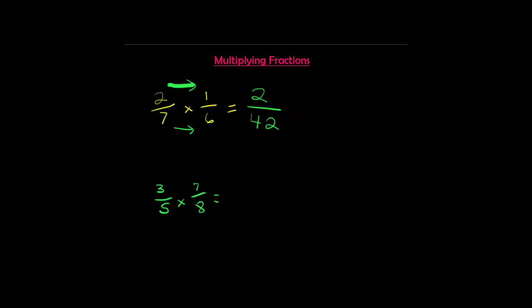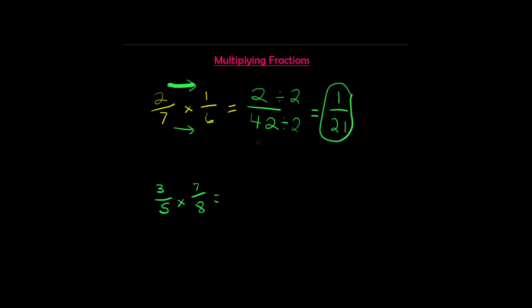And that's it. And then obviously you have to simplify your answer. So in this case, we're going to have to divide the top and the bottom by the greatest common factor. And remember, we only know 1 and 2 are the only factors, so we're going to divide these both by 2, which is basically dividing them in half. So we end up with 1/21 as our final value. Okay, so 2/7 times 1/6 actually equals 1/21.